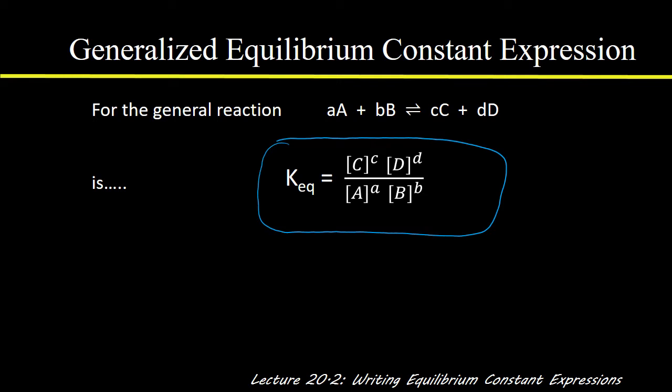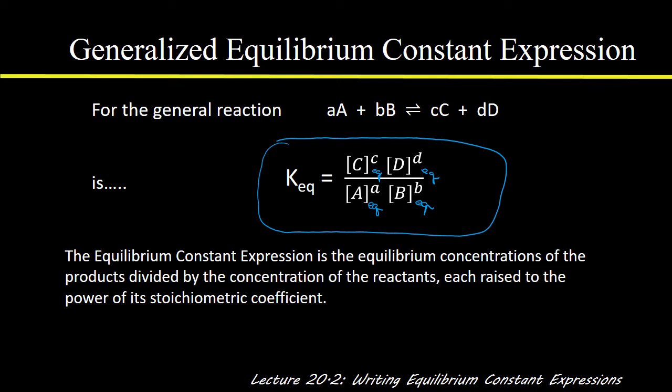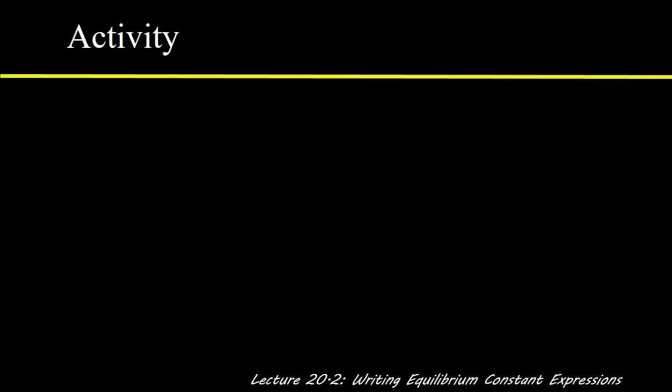So technically, when we're writing this, we should include a little subscript eq with all of these things, meaning the equilibrium concentrations. People often leave that off, and I won't penalize you for leaving it off, and to be honest, I'll probably leave it off myself a lot of the times.